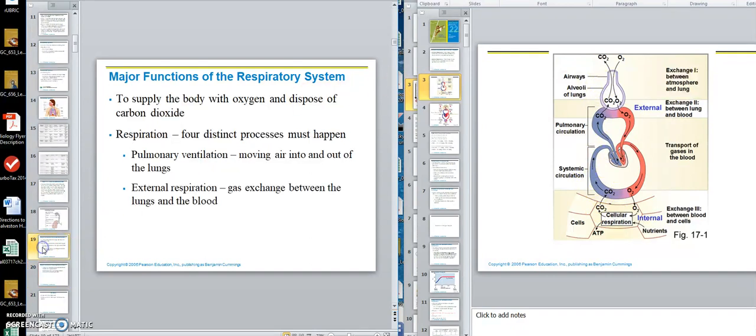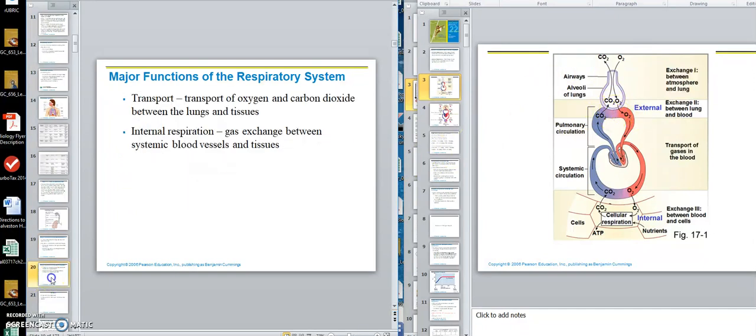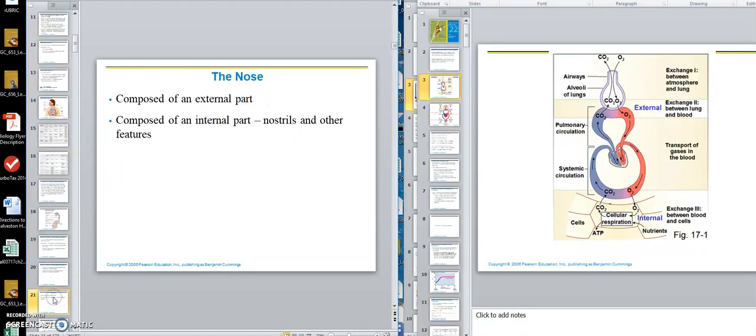So again, the 4 things are pulmonary ventilation, in and out of the lungs, external respiration, CO2 into lungs, O2 out of lungs, gas exchange between the lungs and the blood, transport around, and then deliver in the tissues, deliver O2 and pick up CO2. All right, see what comes up next.